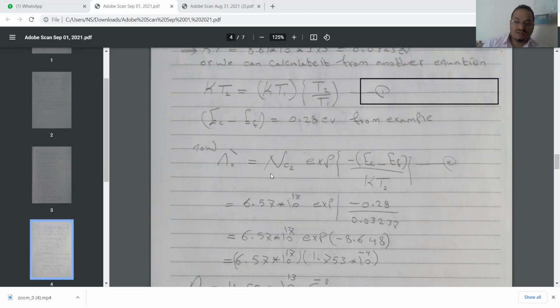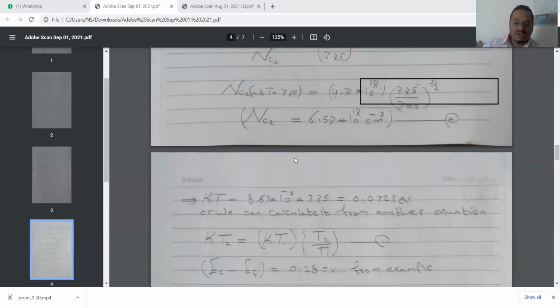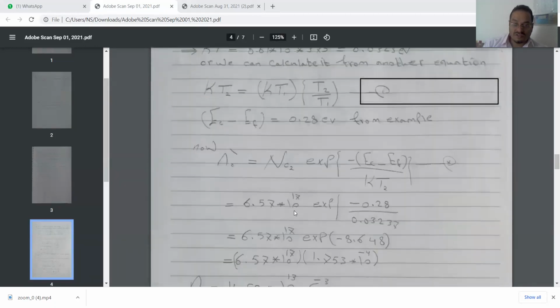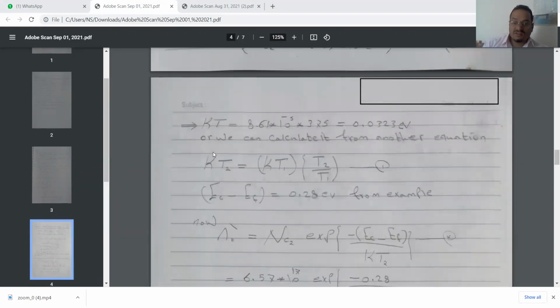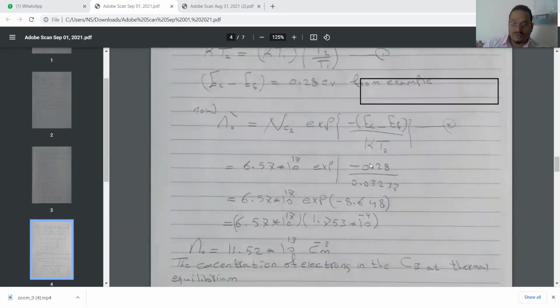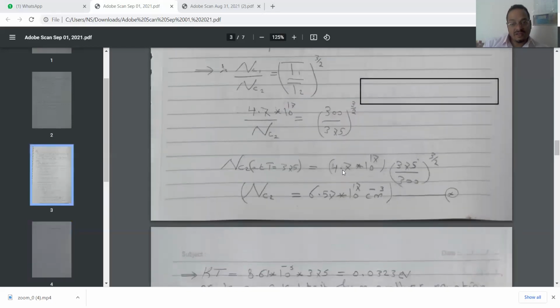Here NC, like I said before, equals 6.57 times 10 to the 17, and now we have the new results, because here I calculated this bracket, times 0.323 electron volt, and EC minus EF.